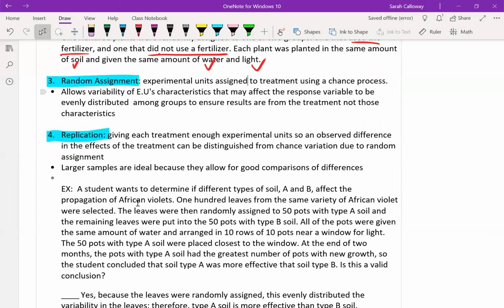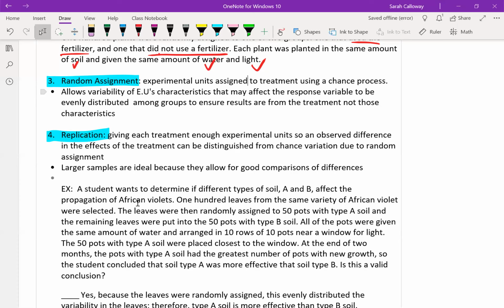The third component of a well-designed experiment is random assignment. And so what's important is that experimental units are assigned to a treatment using a chance process. So the experimental units, or subjects if they're people, are randomly assigned to which treatment group.